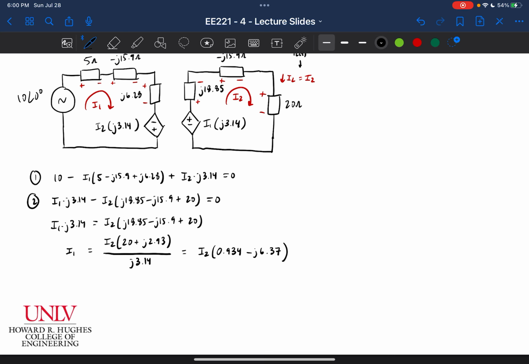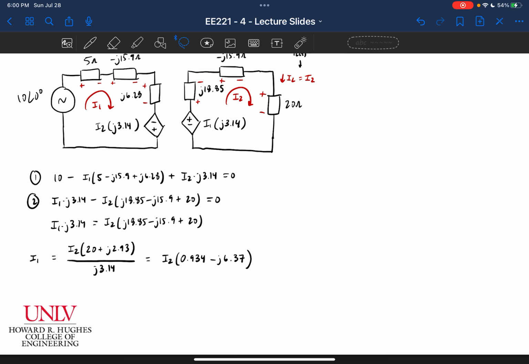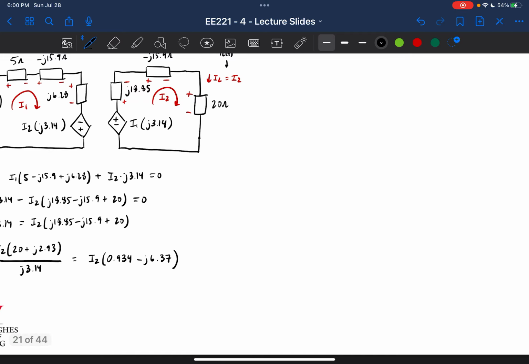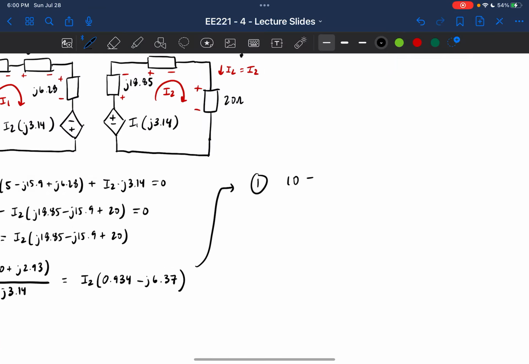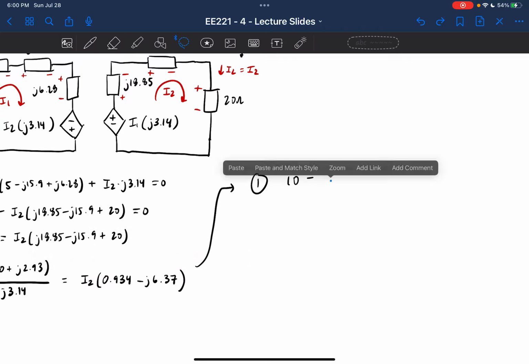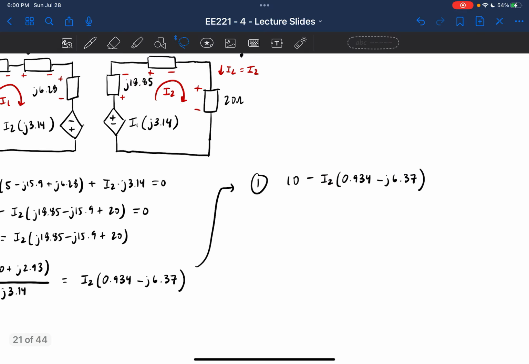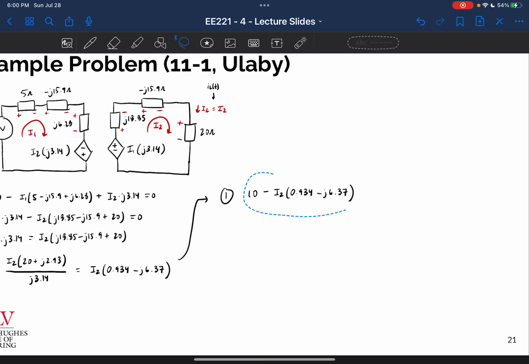So let's slide this over a little bit and create some space. For plugging into equation 1, it's going to be 10 minus this expression. Actually, let's just copy and paste it. I've gotten so used to writing on the iPad now that it's hard for me to do anything on real paper, which is bad.